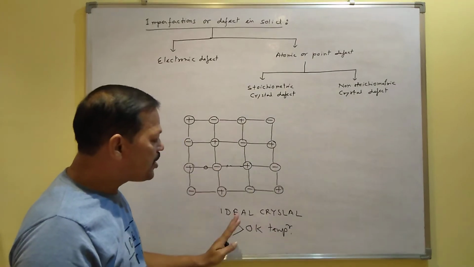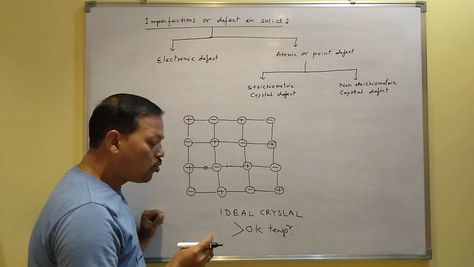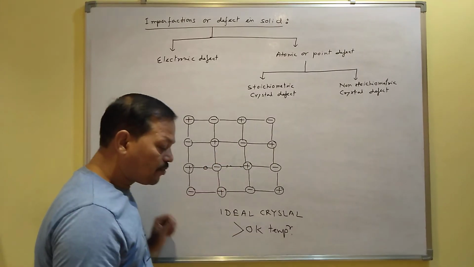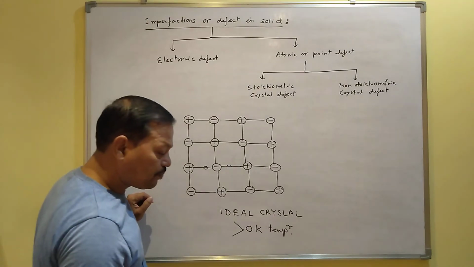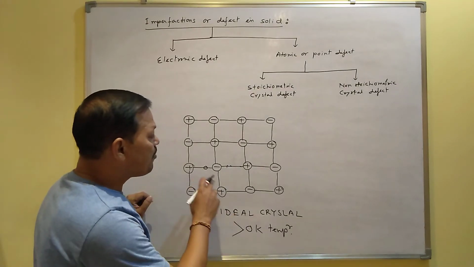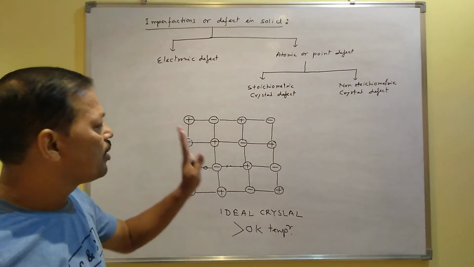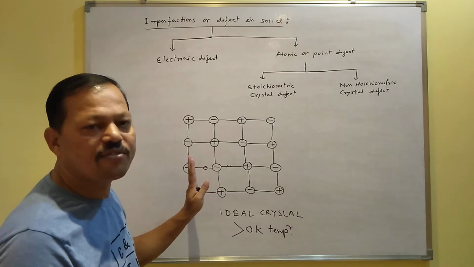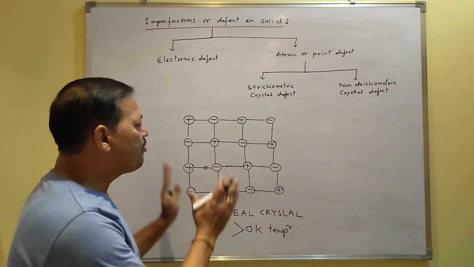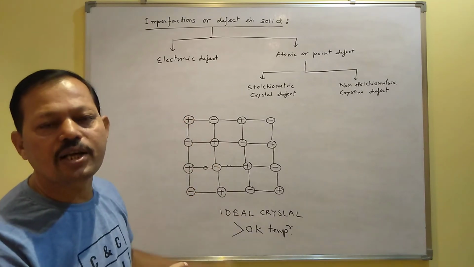If the temperature is above 0 Kelvin, then some electrons may occupy a higher energy state from their ground state depending upon temperature. These electrons are free to move inside the crystal, and due to this movement the crystal becomes a good conductor of electricity. I mean, if the crystal shows some defect, then it becomes a good conductor of electricity.